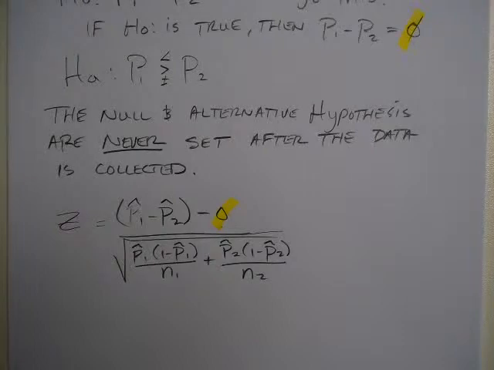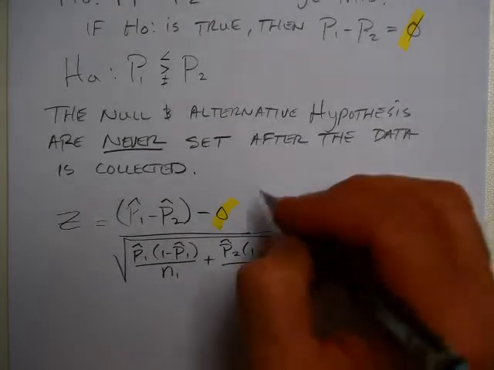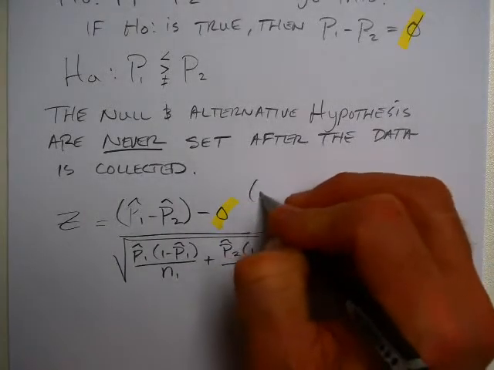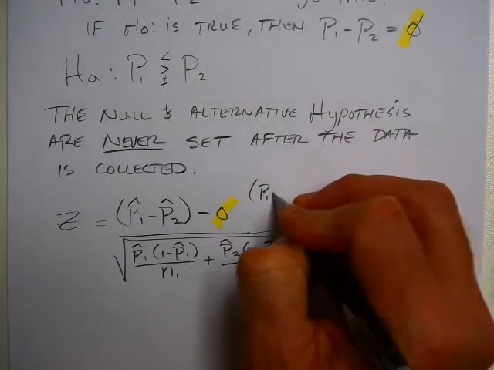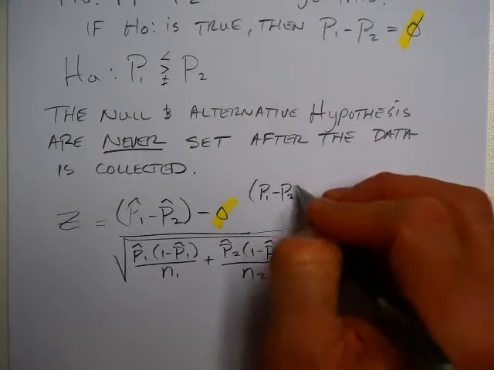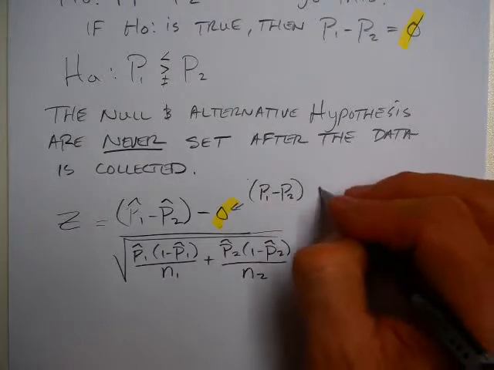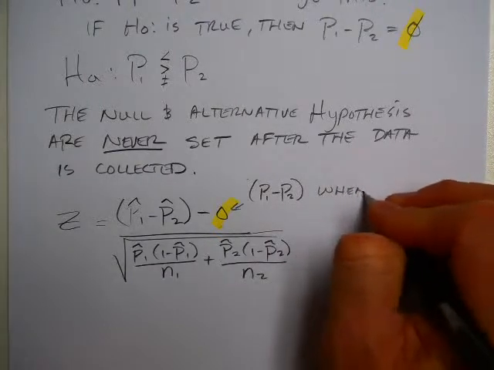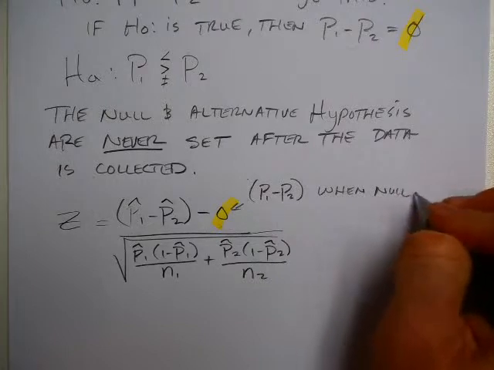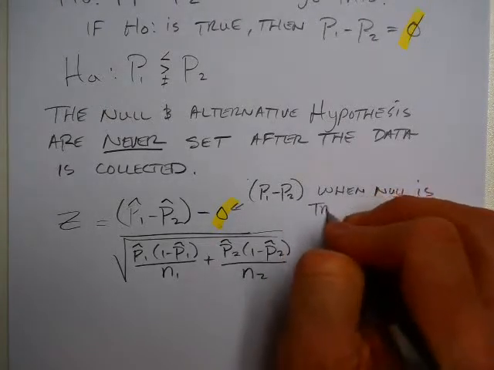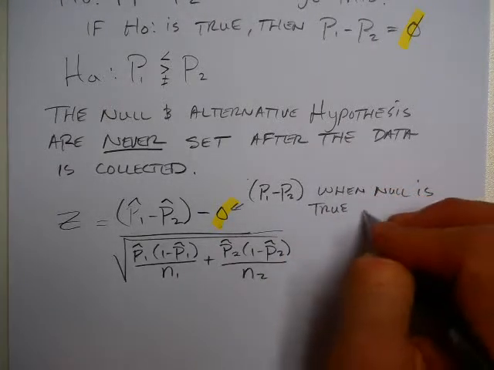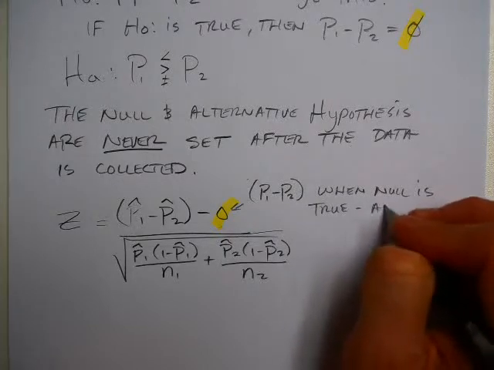Now, that said, I don't think you're going to need this formula. I just don't think it's going to come up all that much. We're going to use another formula, but let's add a note here. P1 minus P2 is what this is, and when the null is true, it always gives 0.